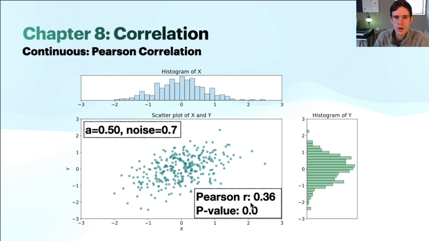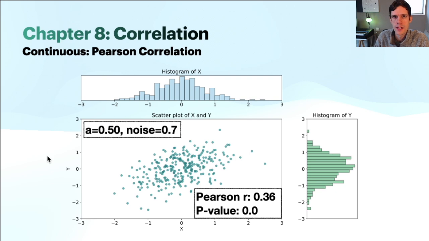And indeed, our Pearson R coefficient is now only 0.36. But even in this scenario, where it becomes quite difficult to see visually from our scatter plot that x and y are correlated, our p-value is still 0, which means that this specific scatter plot is still very unlikely to have emerged from two datasets x and y that are completely uncorrelated. So still here, we can be very confident in saying that x and y are indeed correlated.